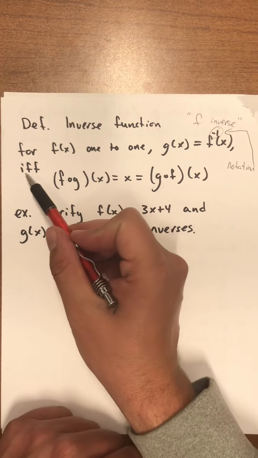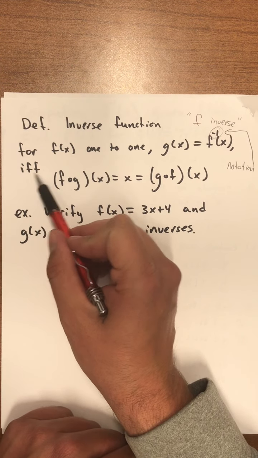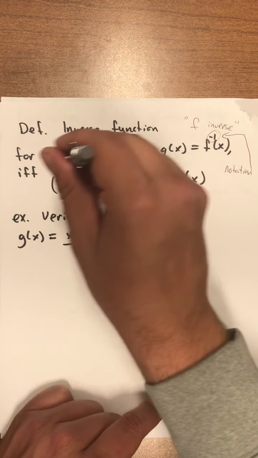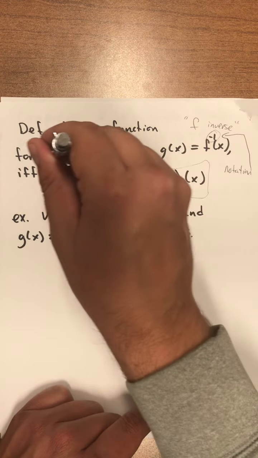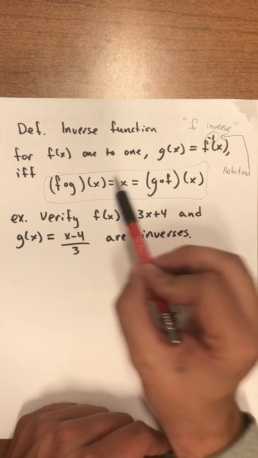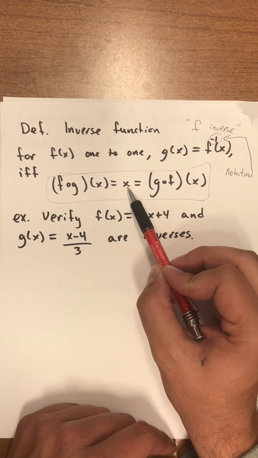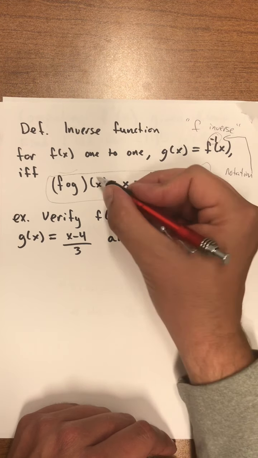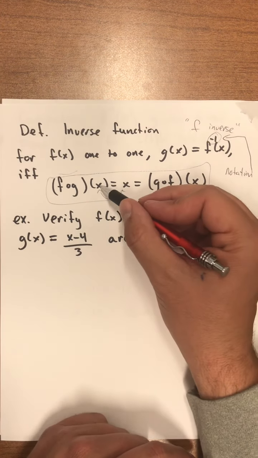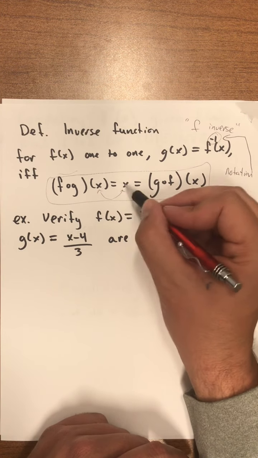Okay, my favorite math word, iff, which is short for if and only if. So g of x is f inverse if and only if this statement is true. So this is function composition from chapter 2. If we compose f of g of x, we get just x. So we could do a number because x represents a real number. It would match this input.